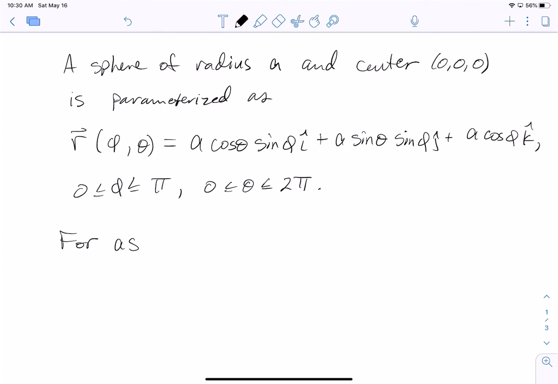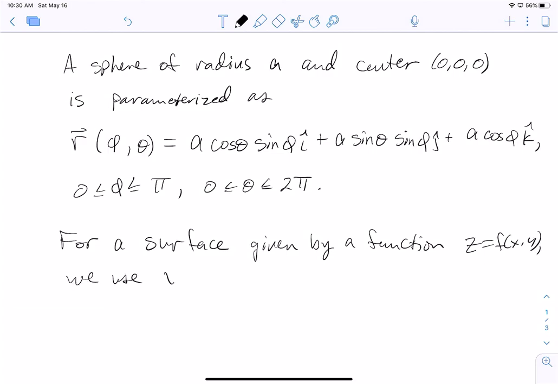For a surface whose equation is given by a function, say z equals f of x, y, we use as the x parameter x and as the y parameter y. The z parameter, really exciting, f of x,y.